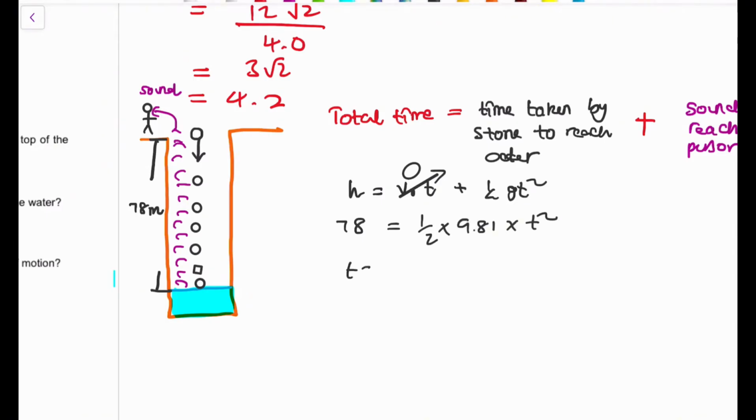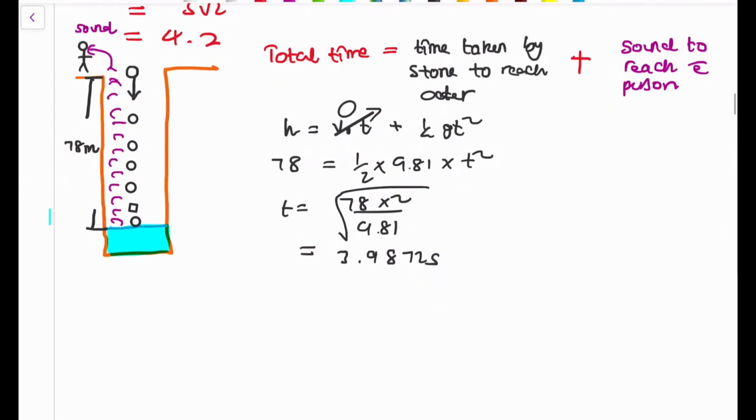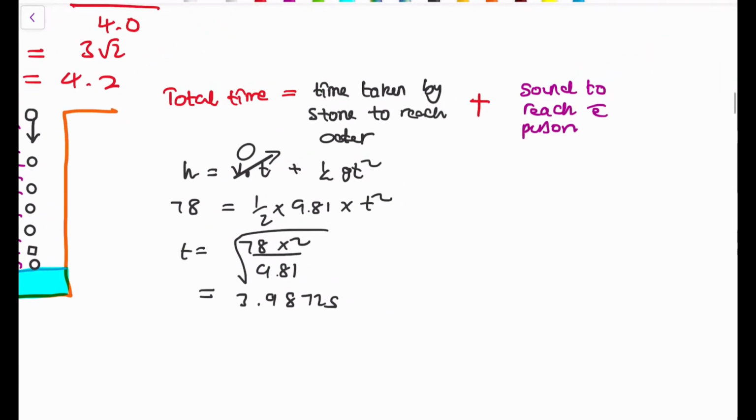So the time will be the square root of 78 multiplied by 2 divided by 9.81. That's going to give you a time of approximately 3.9872 seconds. So this is the time taken by the stone to reach the water.